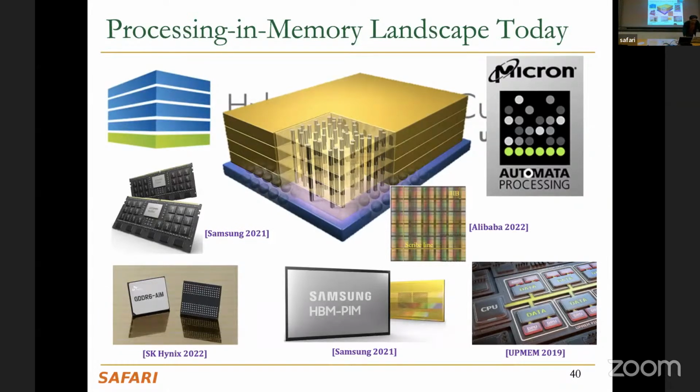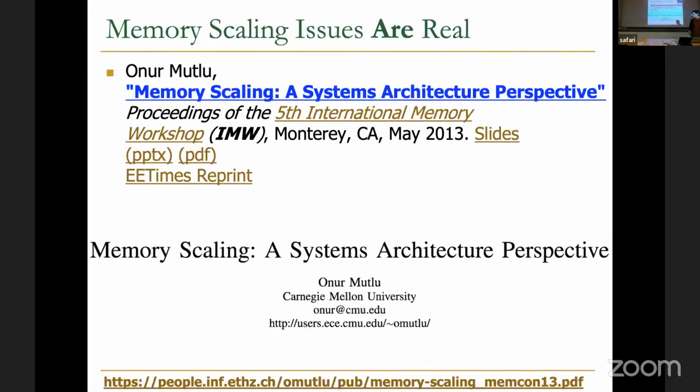We are going to talk briefly about this in the next slides. And there are many other designs. These are the ones that are either commercially available already or have been prototyped and presented by the corresponding vendors. But there are many more, experimental chips and startups working on different techniques that we can consider processing in memory. These are different ways of alleviating the data movement bottleneck and having more efficient systems.